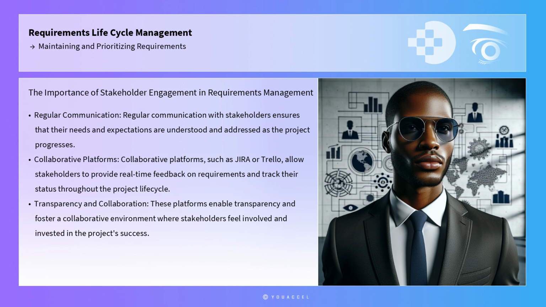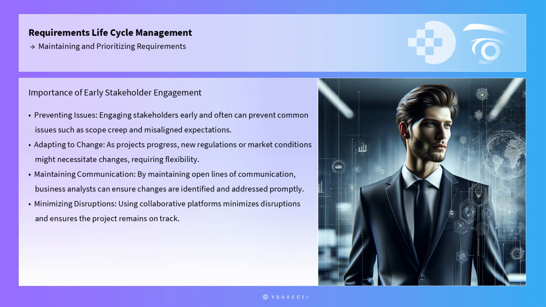These platforms enable transparency and foster a collaborative environment where stakeholders feel involved and invested in the project's success. Engaging stakeholders early and often can prevent common issues such as scope creep and misaligned expectations.